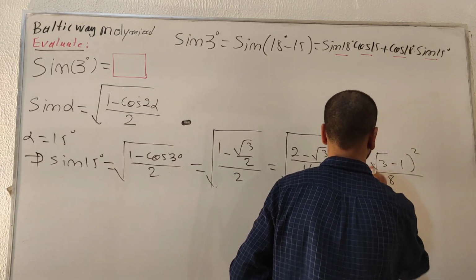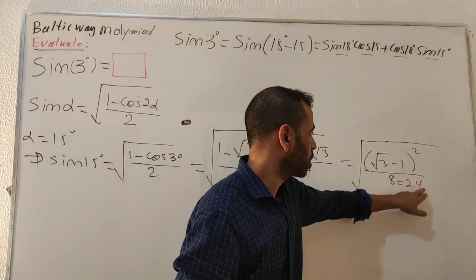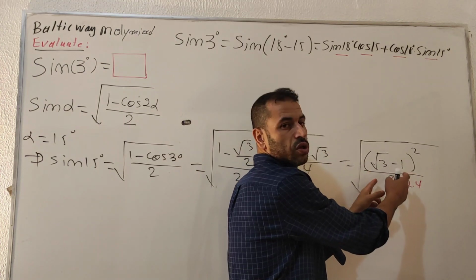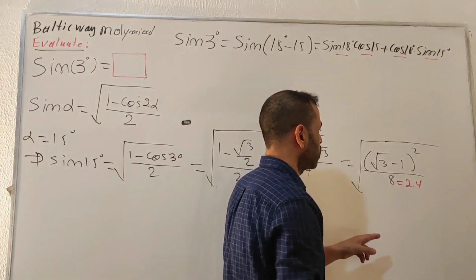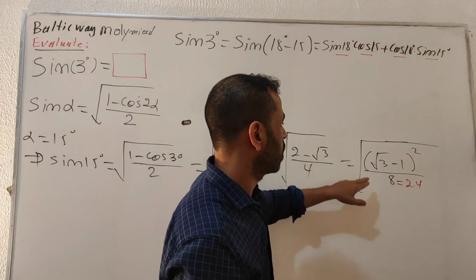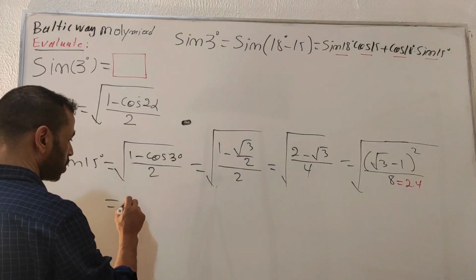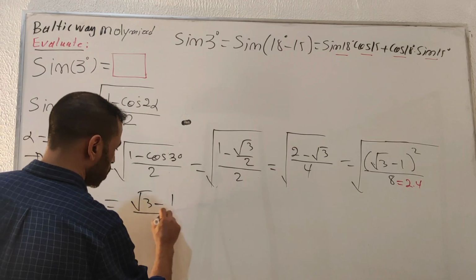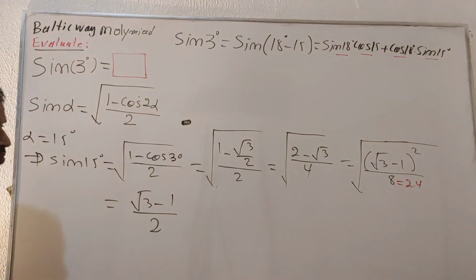Let's put this number 4 inside to make it a whole square for numerator and denominator, and take it out of the square root. It's going to give us the square root of 3 minus 1 over 2, because I took 4 out of the square root.